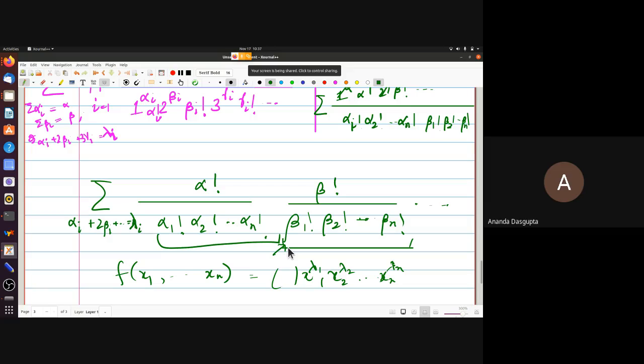Just think back to class 12. Just to give you a hint, suppose you had a problem like this, and then asked, what is the coefficient of x to the power 11, y to the power 13 from here? Notice that this extra 11 can either come from here or from here.